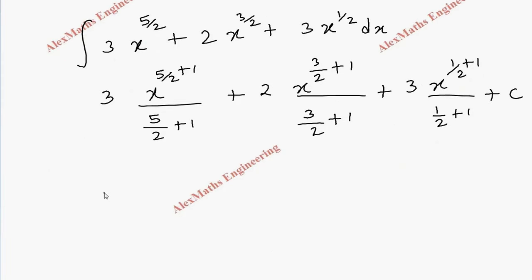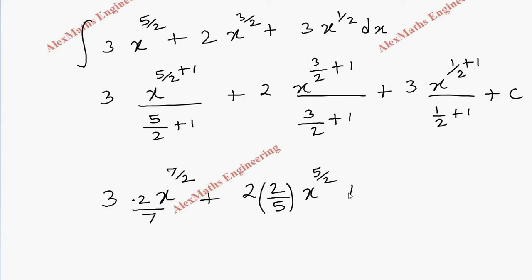Then simplifying this further, we get x power 7 by 2 into 2 by 7 plus 2 into x power 5 by 2 into 2 by 5. So all are products. In the last term, 3 into x power 3 by 2 into 2 by 3 plus c.